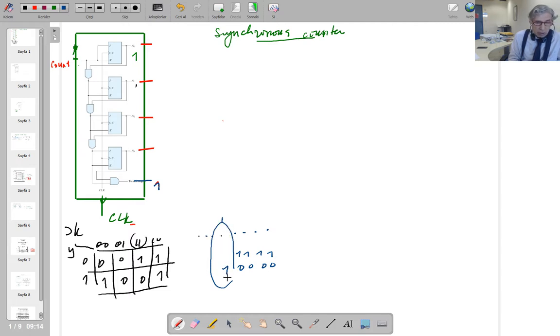Any output coming out of this 1 tells you that 1 tour has been finished in the previous one, that means from 0 to 15. So you've got 16 inputs. When they come in, then it is full. You're going to see 15, and then when the last clock pulse comes, it's going to be 0, 0.